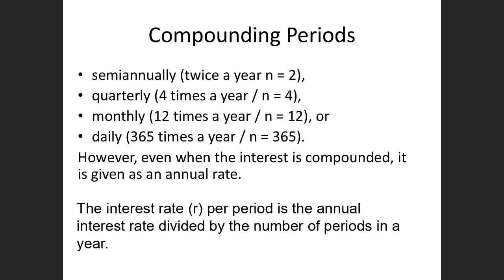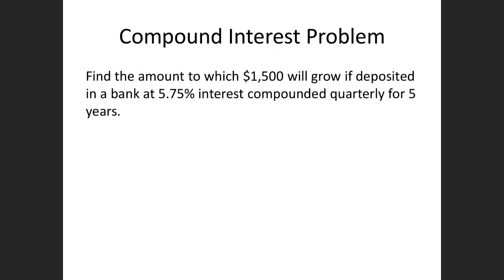Let's look at how we can apply our compound periods to our formula. We're going to use a fraction to get this compound period together. So let's look at our first compound interest word problem. Find the amount to which $1,500 will grow if deposited in a bank at 5.75% interest compounded quarterly for 5 years.